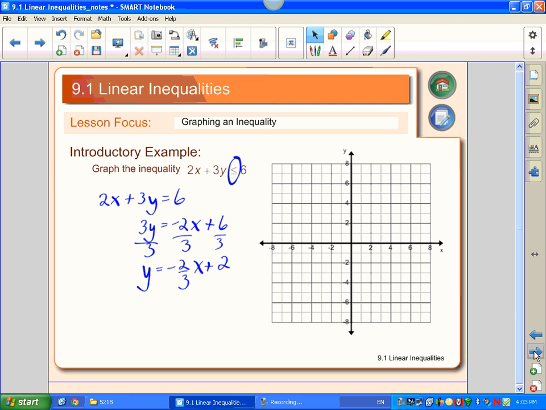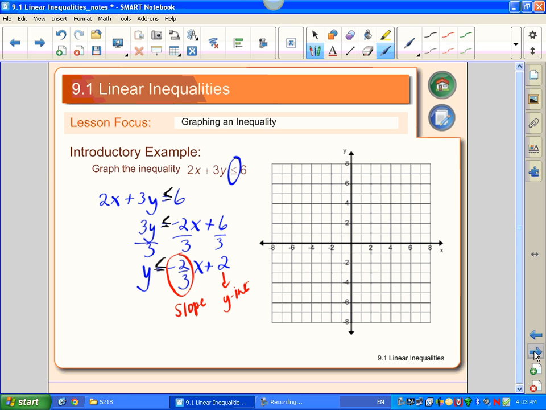Now, technically, it is less than or equal to. So you can keep that inequality in as you're doing the math, especially because some signs are going to affect that inequality. Now we're going to plot this, knowing that this value is the y-intercept, and this value is going to give me the slope.